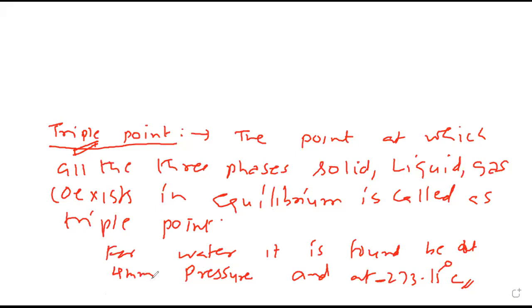Triple point of water is found to be at 4 millimeter pressure and at 0.01 degrees Celsius, that is 273.15 Kelvin.